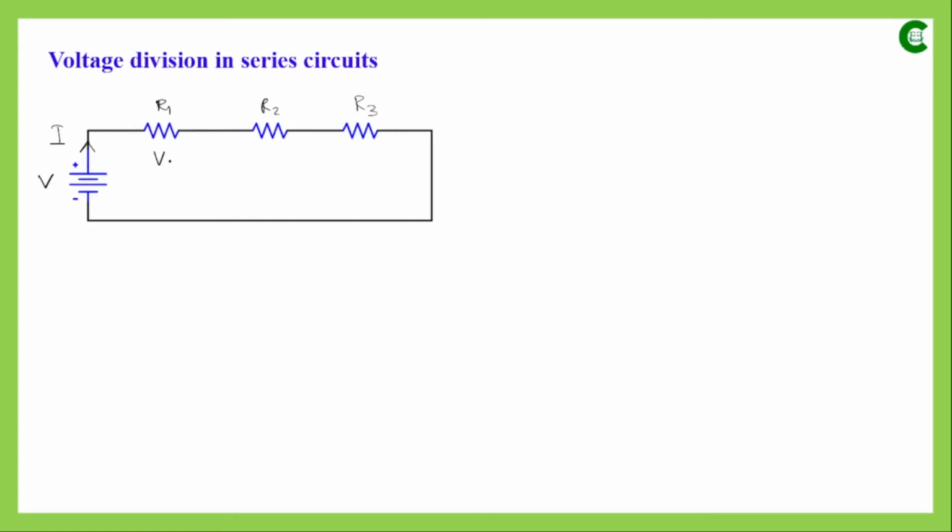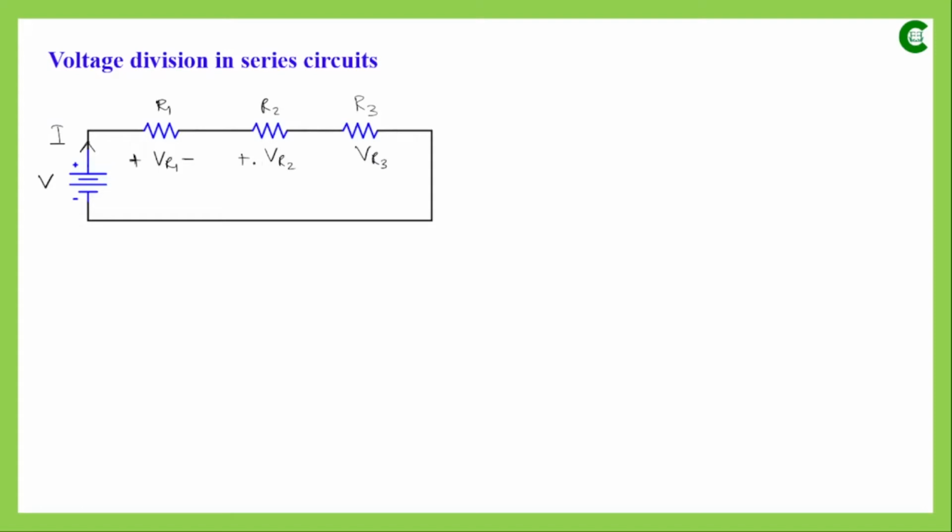Now if the voltage drop is VR1 across R1, VR2 across R2, and VR3 across the R3 resistor, since current is flowing from left to right for all of them, this will be the positive terminal and this will be the negative terminal, higher potential to lower potential.